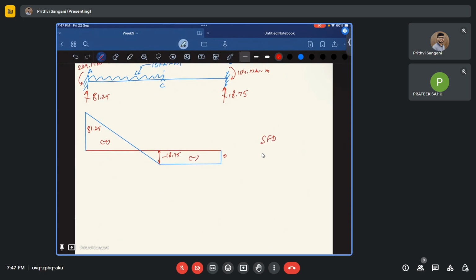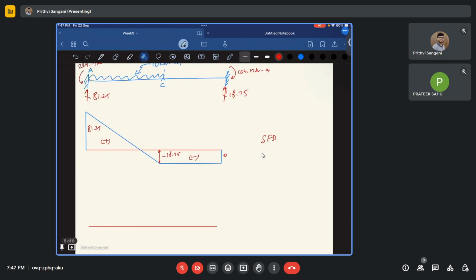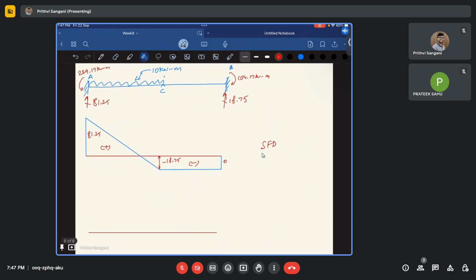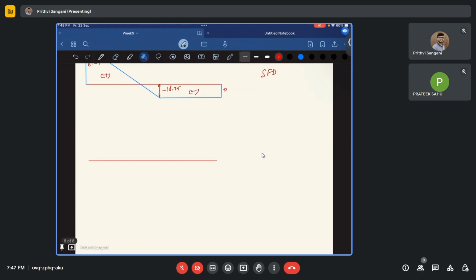Now how is my bending moment diagram going to be? I'll draw a baseline again. This is my span. What is happening at A? At A, I have a hogging bending moment of 229.17. If it is hogging, I assume it as negative.